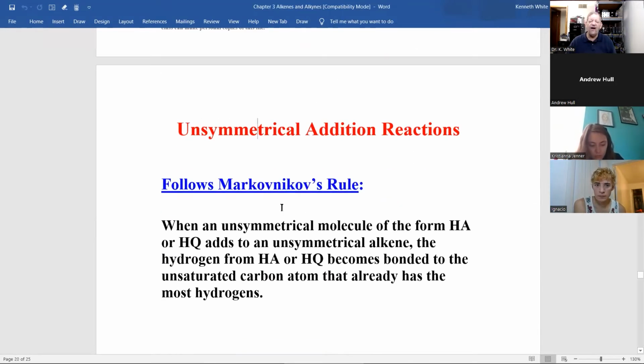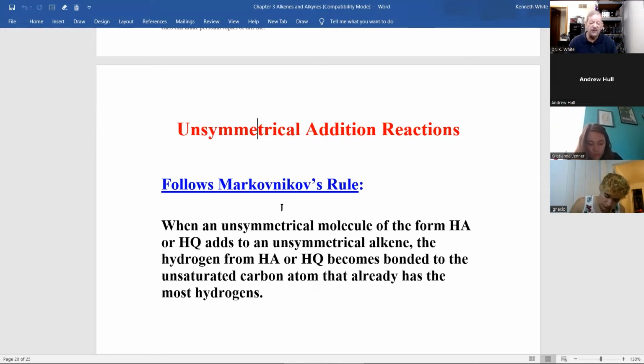Now, everything I've added to the double bond carbons has been the same, either two hydrogens or two halogens. What happens if you have something that's not the same, which is called unsymmetrical?